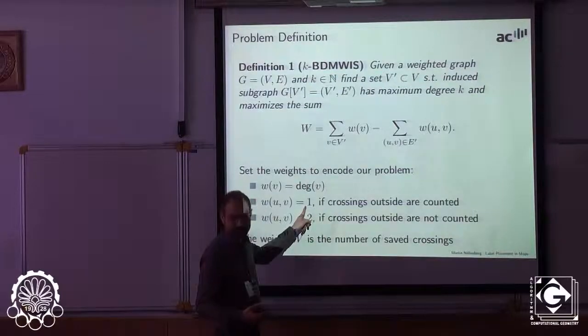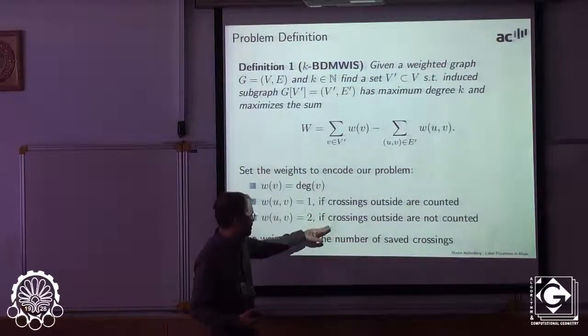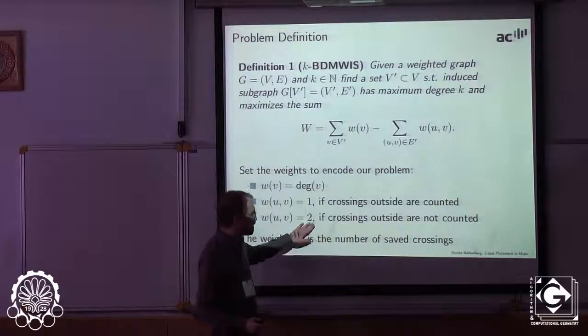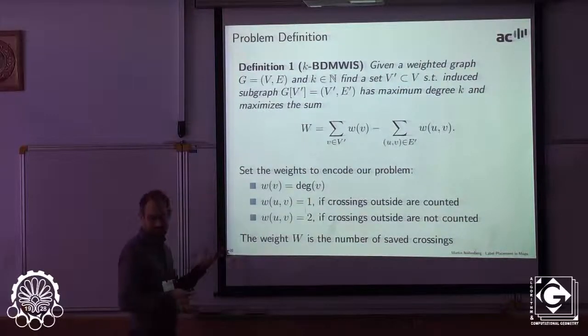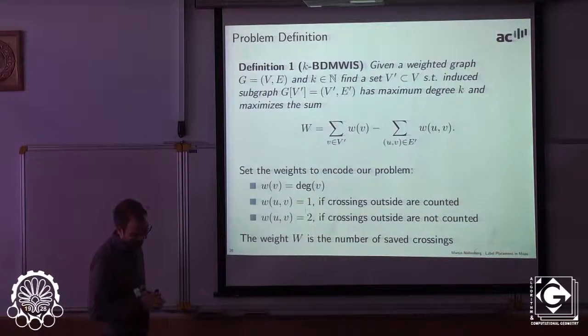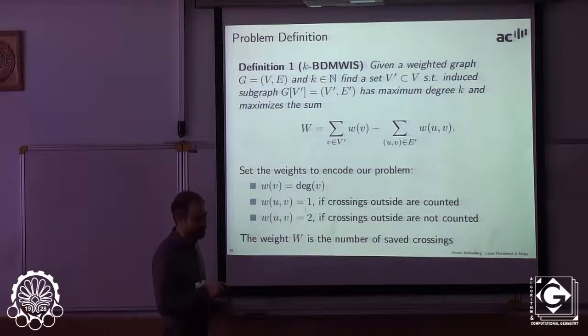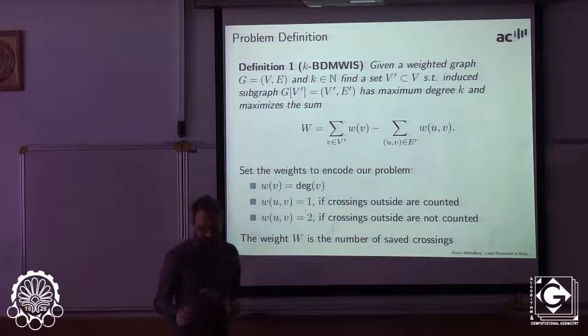Then we set the weight to 1. Or we don't care about the crossings on the outside. We know there's at most 1 per edge. Then we can subtract 2. So this is a slightly different model, but the generic problem covers both of them. And then the weight W that we get here is the number of saved crossings, depending on one of the two models. So we want to find this kind of weighted independent set in the circle graph.